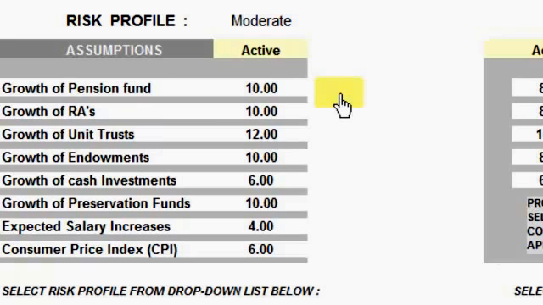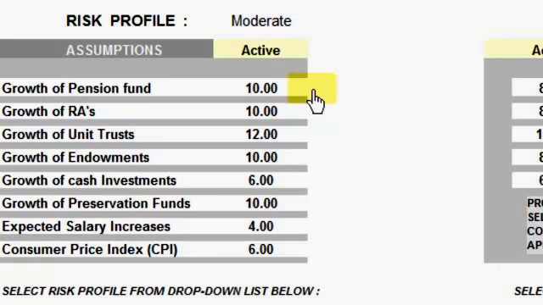Now, most retirement calculations and exercises live and die by the accuracy and the credibility of the assumptions. So here we've got some assumptions that we're going to invoke, and I'm going to assume that Joe is somebody who could be categorized as a moderate type of investor, moderate risk. In terms of that, the rates of growth that we're going to use are not going to be too high.